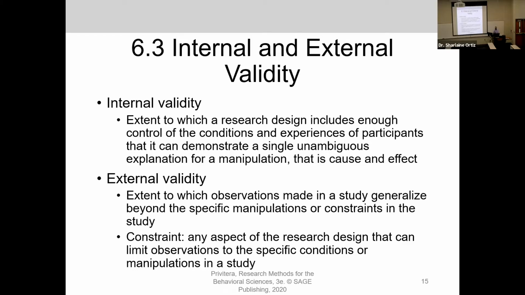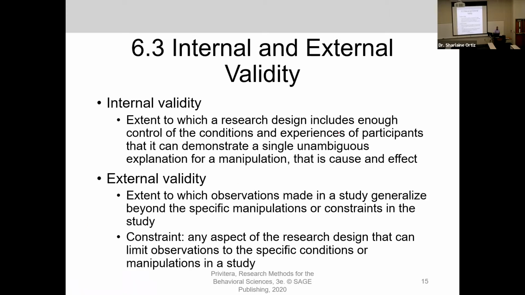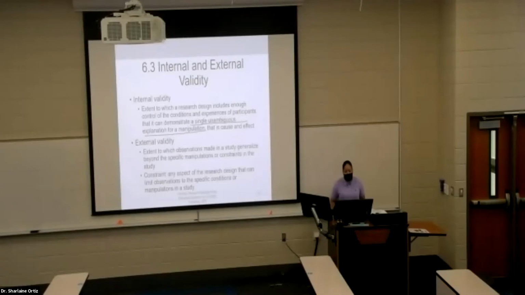We are referring to the extent, to the amount of control so that we can ascertain and determine that we have a single unambiguous explanation for that manipulation. What does that mean? What that means is that I would like to control for as much as possible, right?